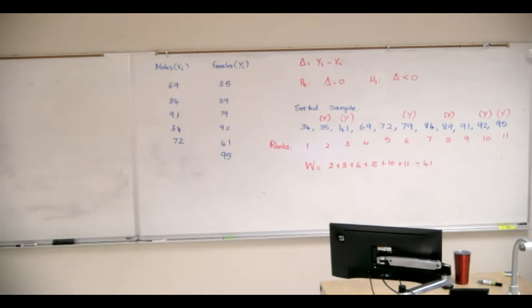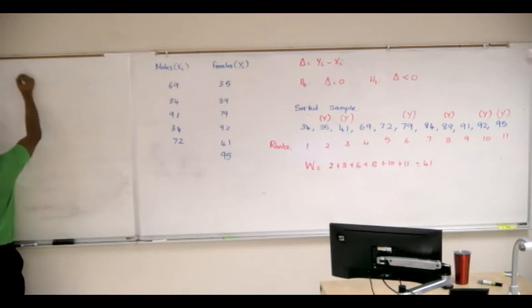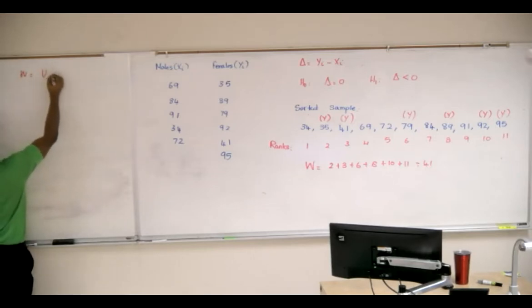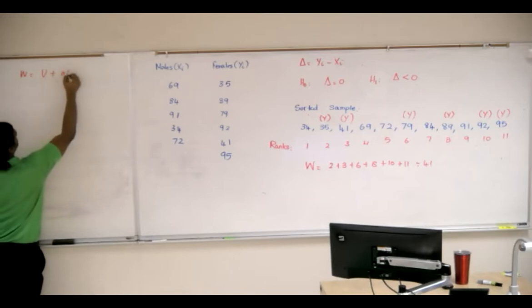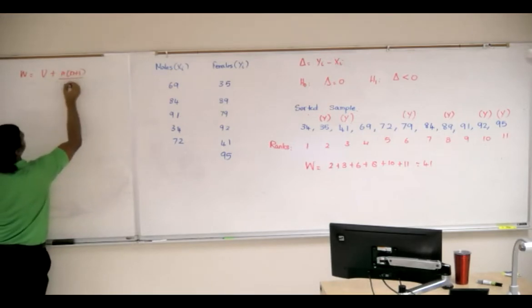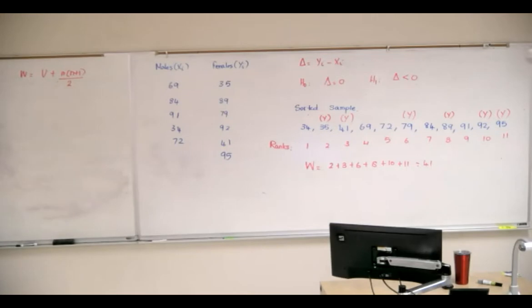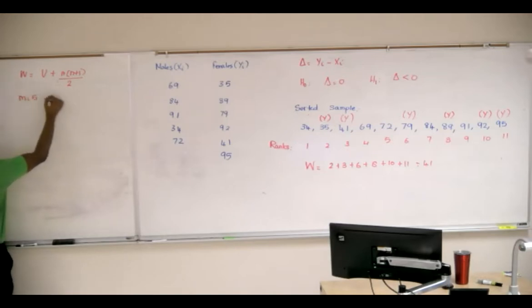So we know W is U plus n times n plus 1 over 2. What is m in our case? M is 5. N is 6, according to how we define that procedure.